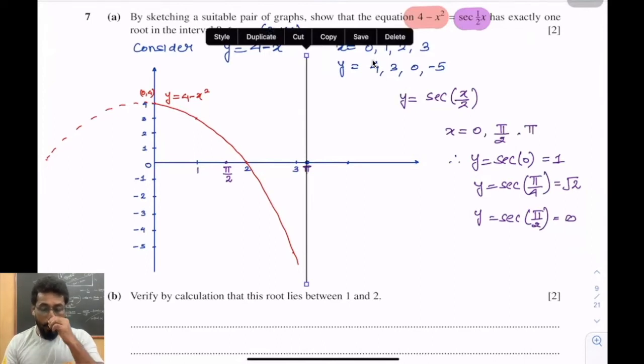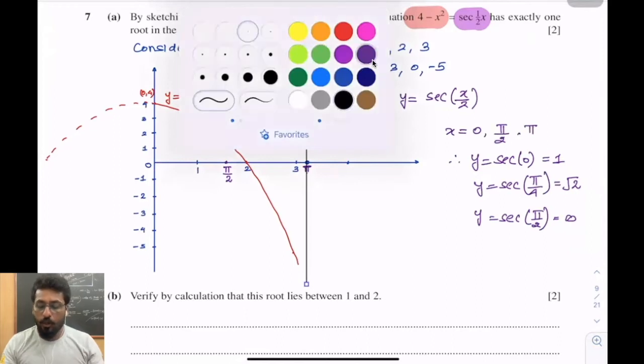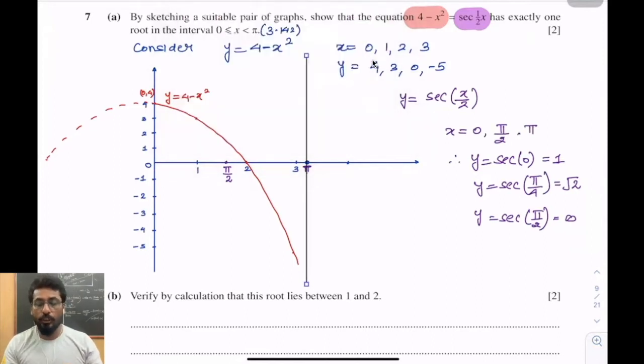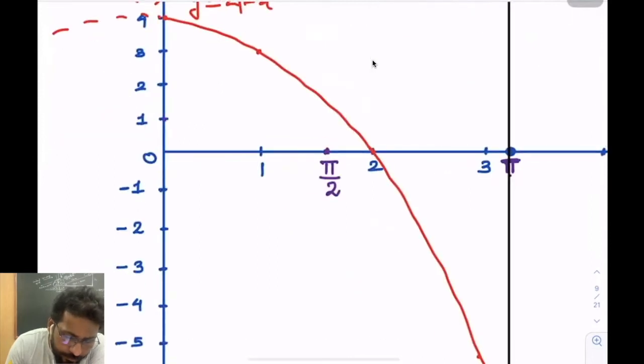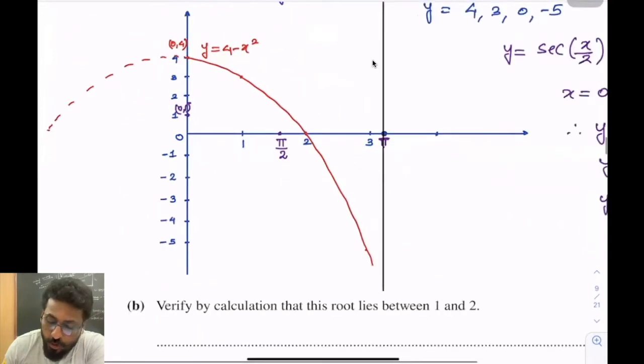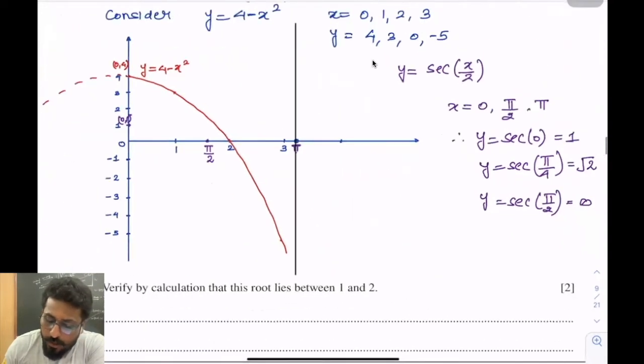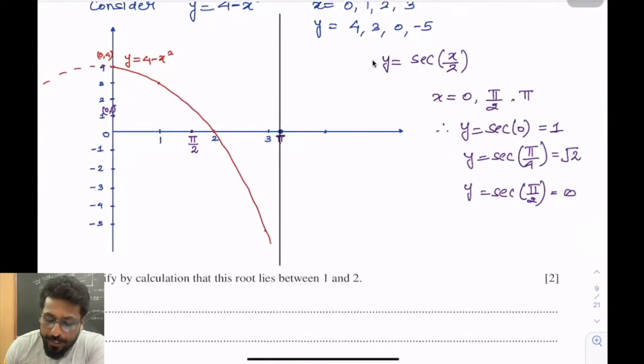So I'm going to start the graph of sec x by 2. Okay, so how is the graph going to come? So for x equal to 0, the value of y is 1. So it's going to be here, right? That's 0, 1. Then for x equal to pi by 2, the value is root 2. So it's 1.414.